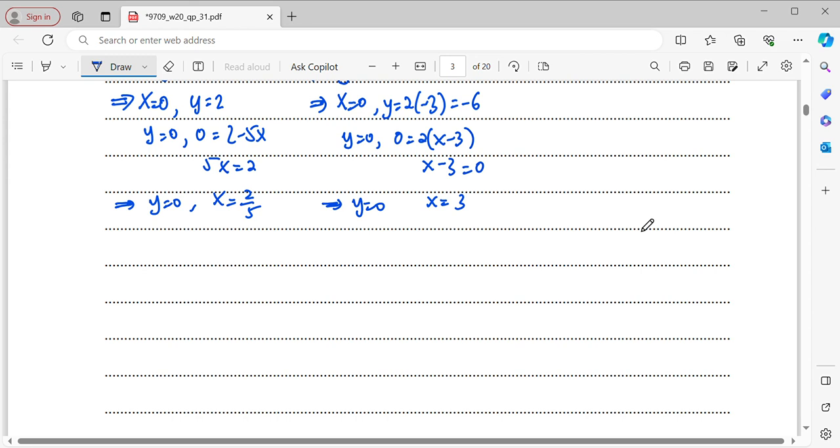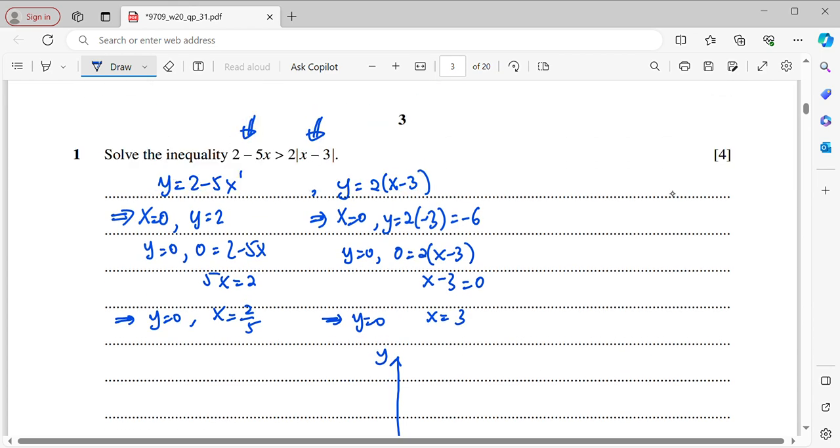Let's say these are my axes, and this is y. For the second graph, y is minus 6 when x is 0. But you should understand that the original is the modulus function. Counting without the modulus, after I have taken the modulus, this value is going to be positive 6.